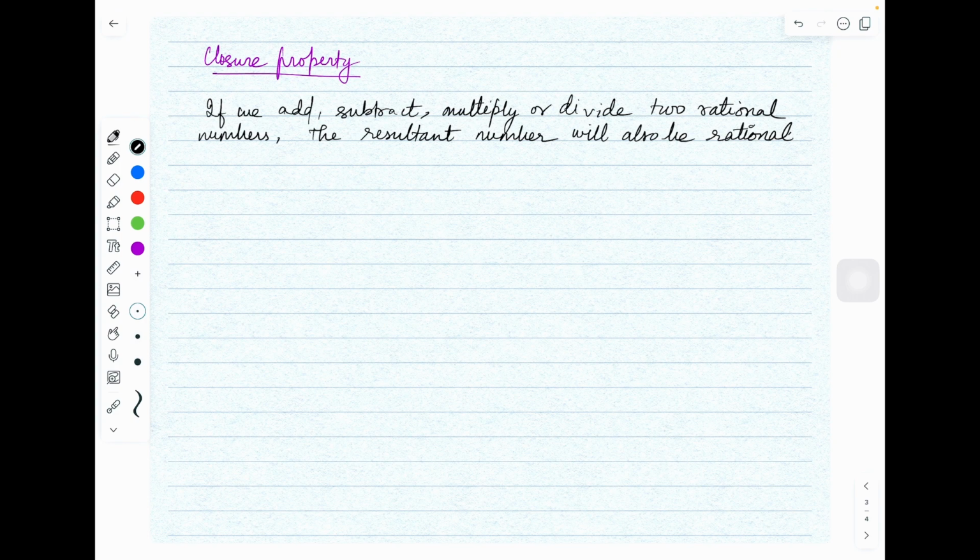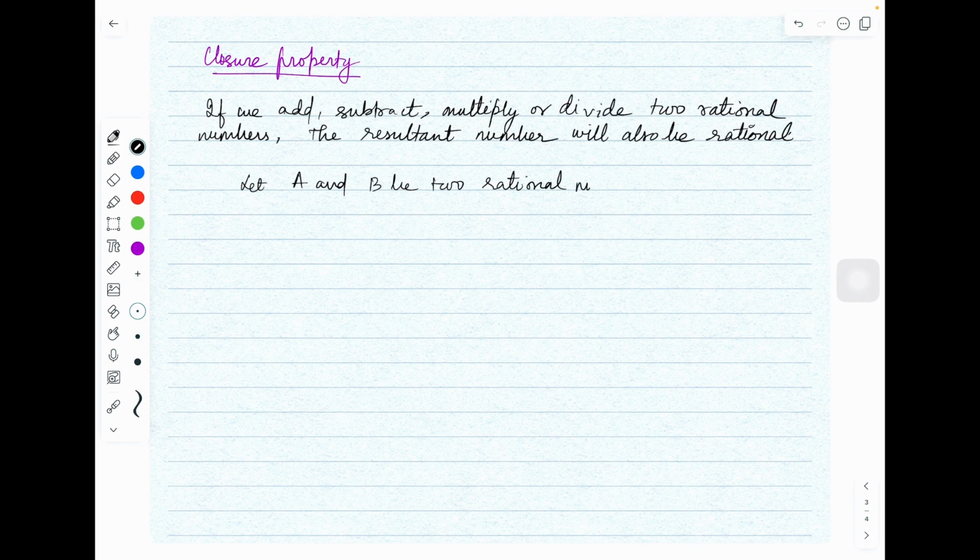What does that mean? See, I am writing, let a and b be two rational numbers. We are defining these properties for rational numbers. The chapter is about operations on real numbers, but inside real numbers, we are defining the properties of rational numbers.